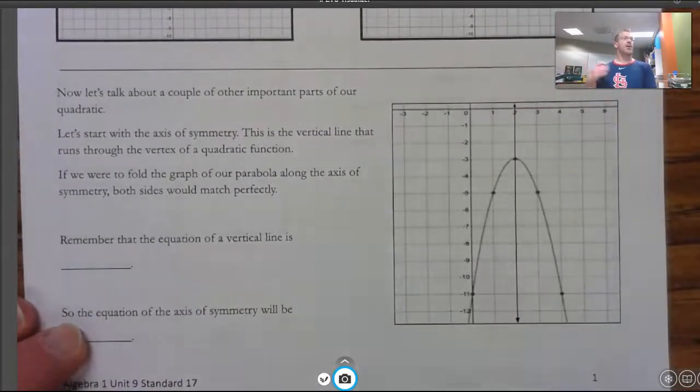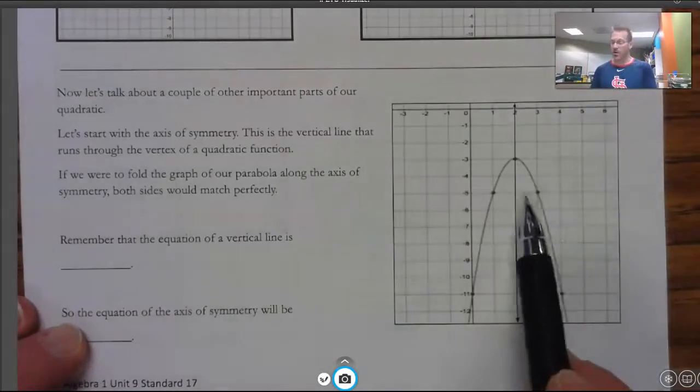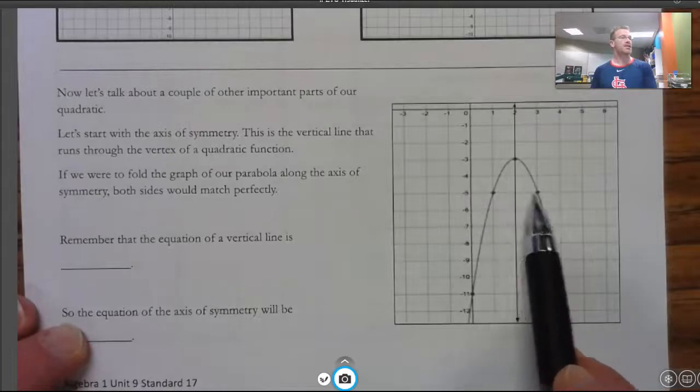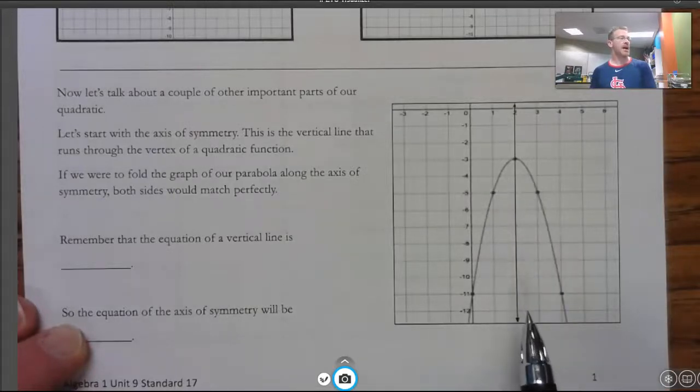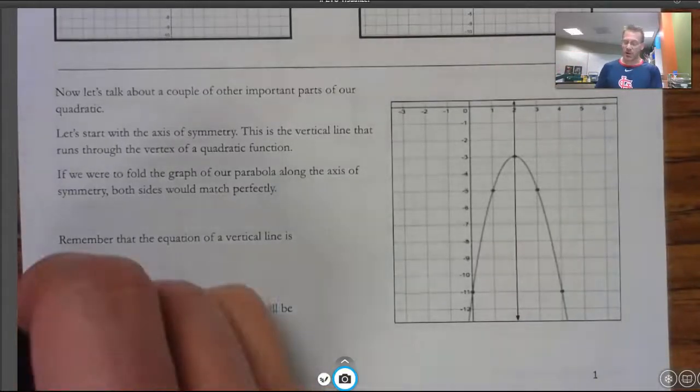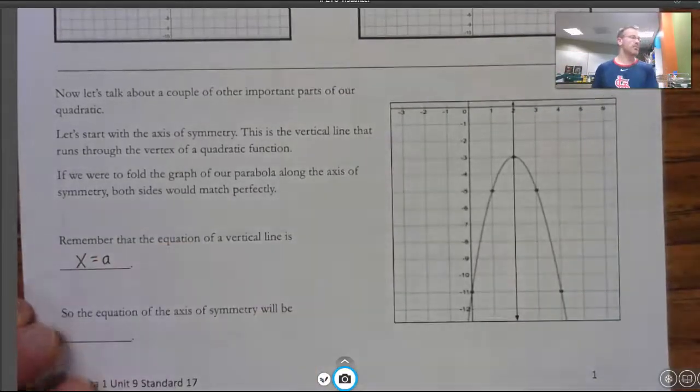So we can always write that equation. What we know is that the points mirror each other horizontally on each side of that axis of symmetry. When we write that, remember that the equation of a vertical line is always x equals a number. So we usually say x equals a.